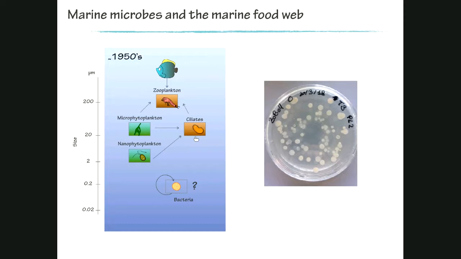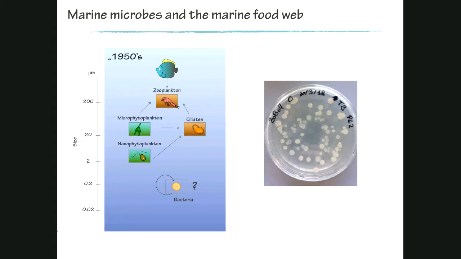And you'll see through the class how this diagram grows, and the brown background will always represent heterotrophic organisms, and the green background will represent photosynthetic organisms.